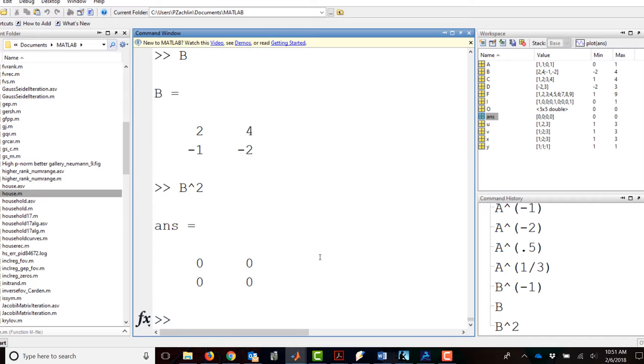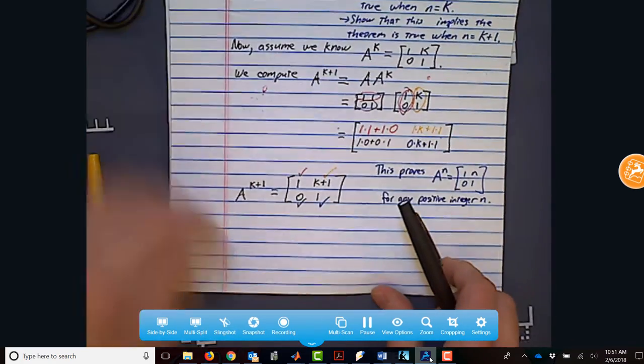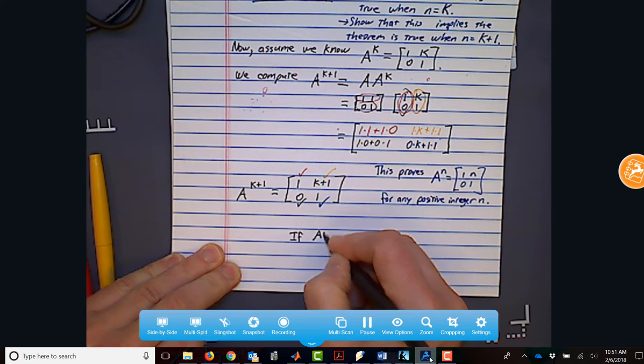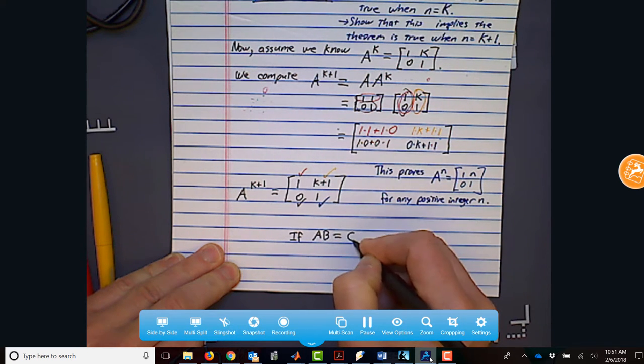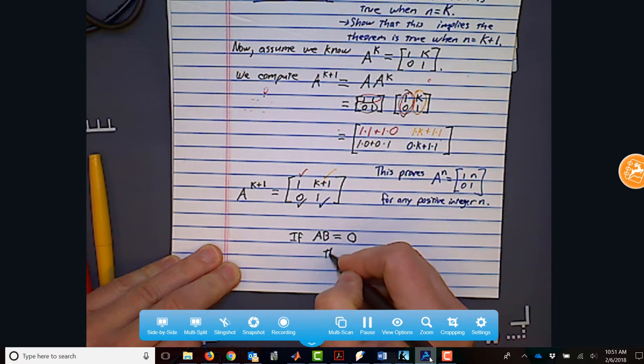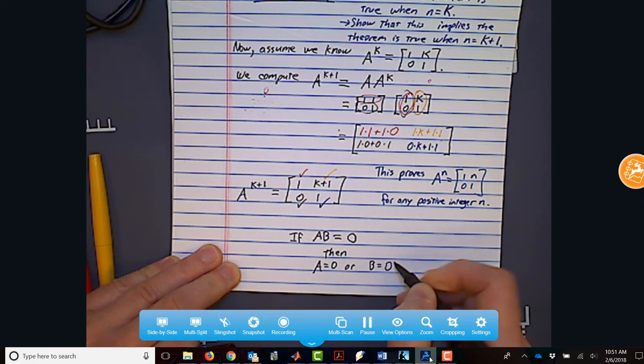Because we use a property all the time in the world of numbers that I want to remind you of. We like to use this property that if A times B equals 0, right, then what has to be true? A equals 0 or B equals 0.